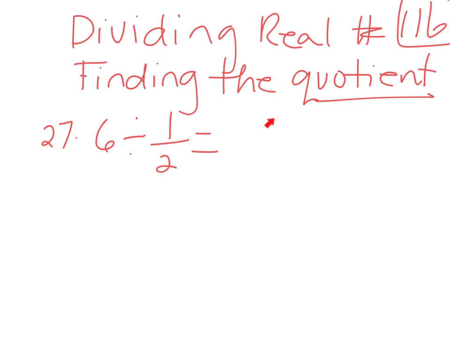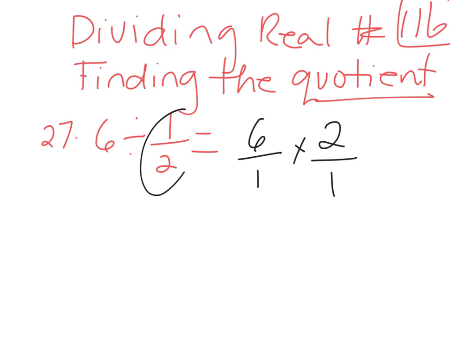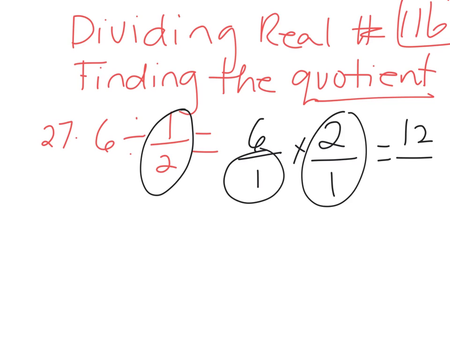So that means we would have 6, I'm just going to put it over 1, times 2 over 1. So it's the reciprocal of this. I just added this to make it clear what we're doing. That is going to equal 12 over 1, and of course we don't need this then, and our answer would be 12. So make sure that you're doing that correctly.